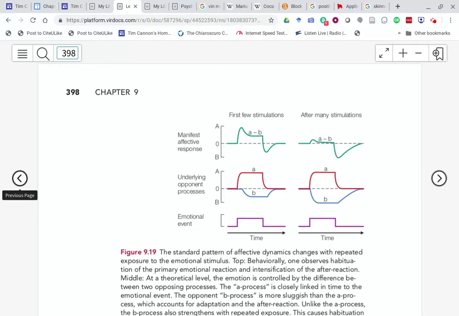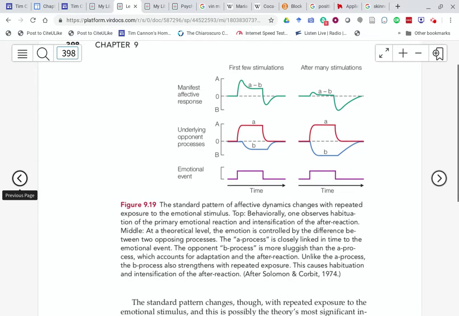When you're doing this Solomon-Corbett theory, you must talk about A processes and B processes. And the A process is caused, let's say, by the drug, and the B process is caused by you reacting to the drug. And you should be able to tell me about how those things interact the first couple times you take the drug. What's that like?